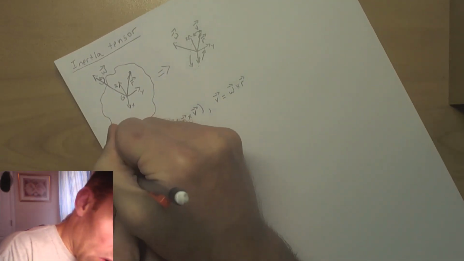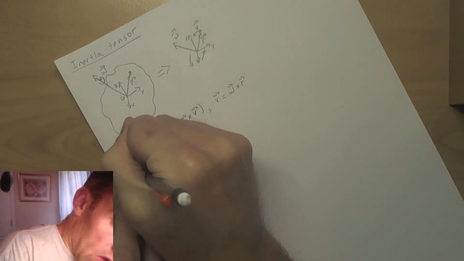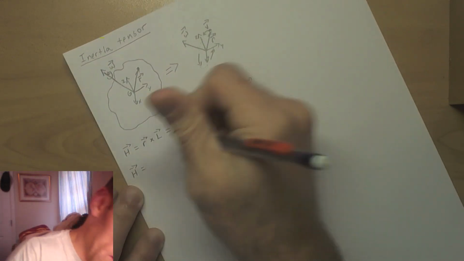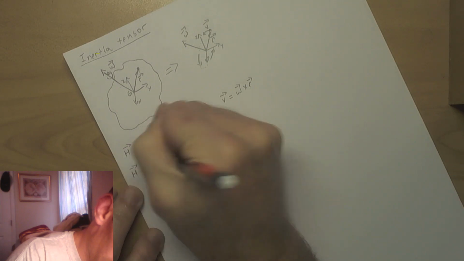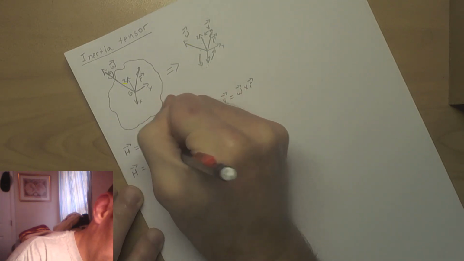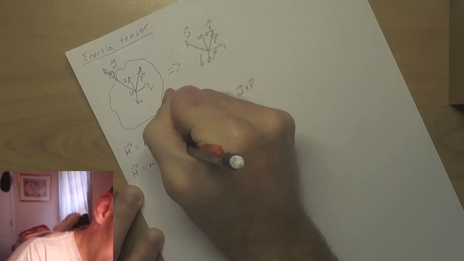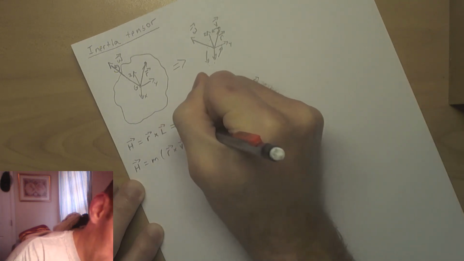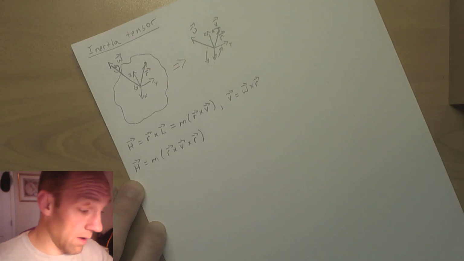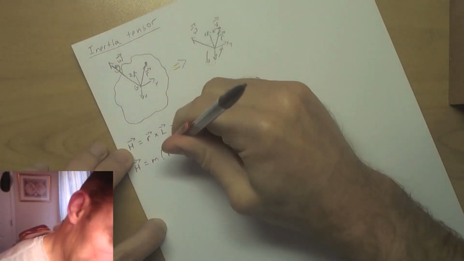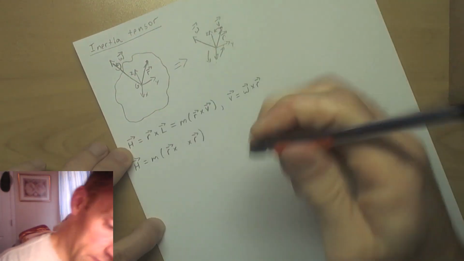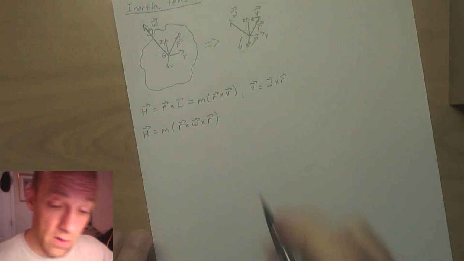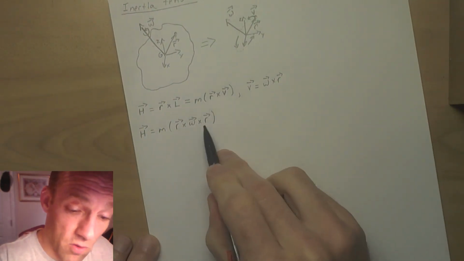And this is kind of a review. So the angular momentum can be rewritten if I just take v and substitute in omega cross r.